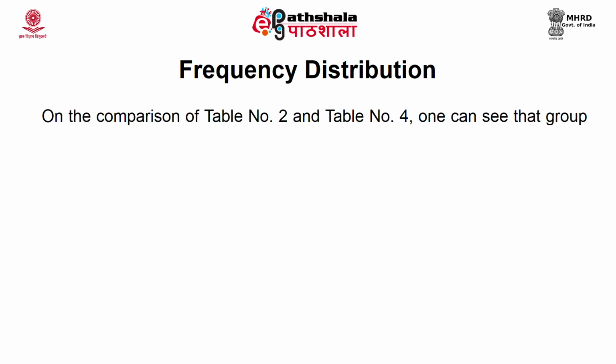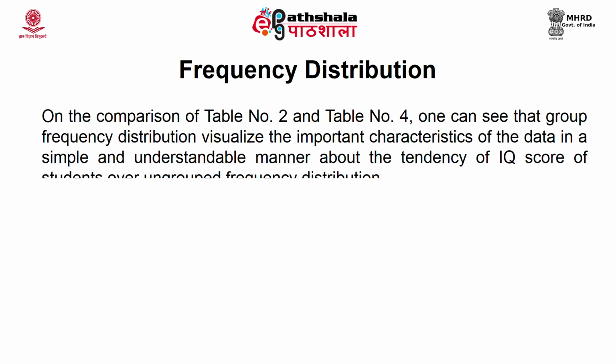Now on comparison of table 2 and table 4, one can see that grouped frequency distribution visualizes the important characteristics of the data, such as the tendency of IQ scores of students, in a simple and understandable manner over ungrouped frequency distribution.